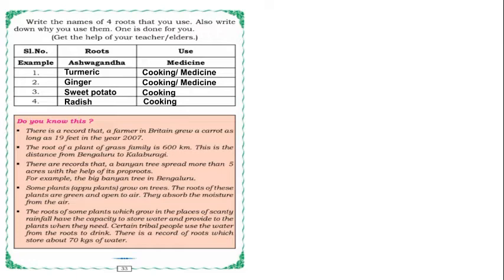So next, do you know this? This is for your reference, children. For your knowledge, there is a record that a farmer in Britain grew a carrot as long as 19 feet in the year 2007. So we already know this carrot is also a root part of the plant. It also grows under the ground.